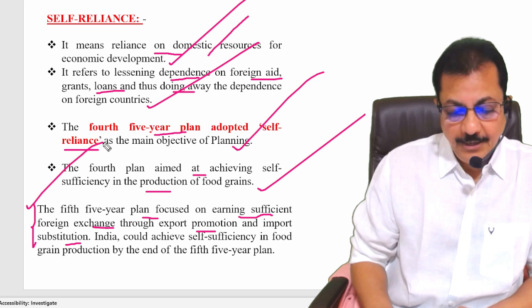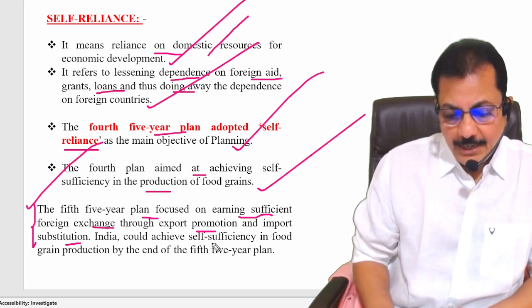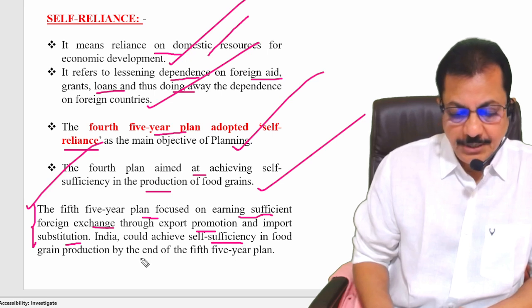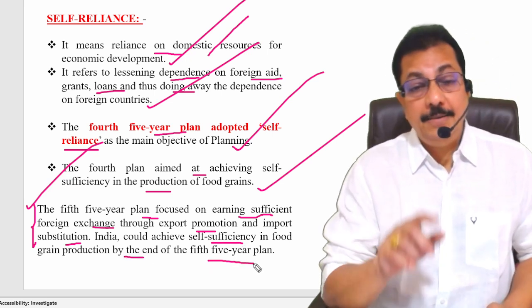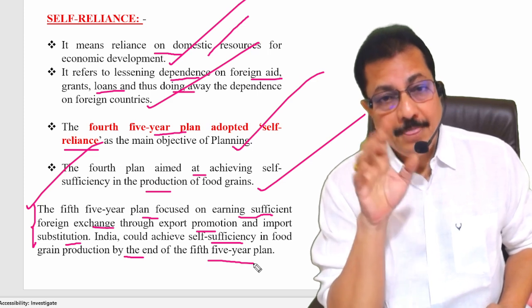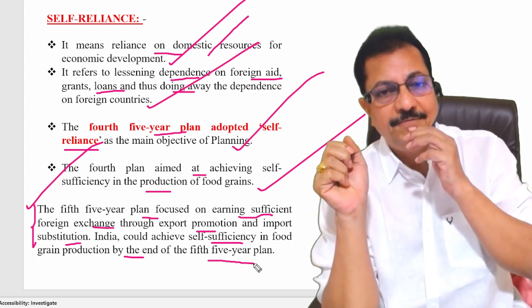Your answer should be the fifth 5-year plan. Clear? India could achieve self-sufficiency in food grain production by the end of the fifth 5-year plan because of the objective, and we became self-sufficient.